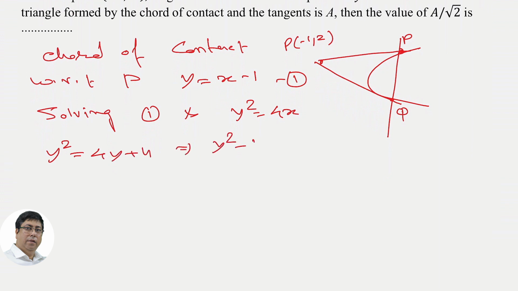Therefore, y square minus 4y minus 4 equal to 0. So y equal to minus b plus minus root over b square minus 4ac by 2a. Therefore, y is coming 2 plus minus 2 root 2.